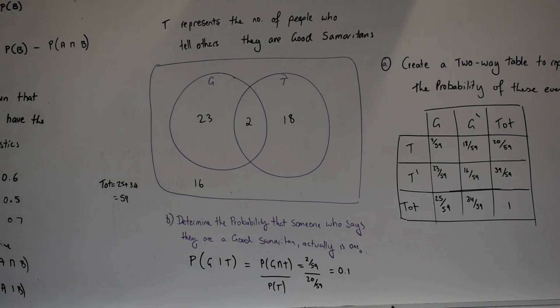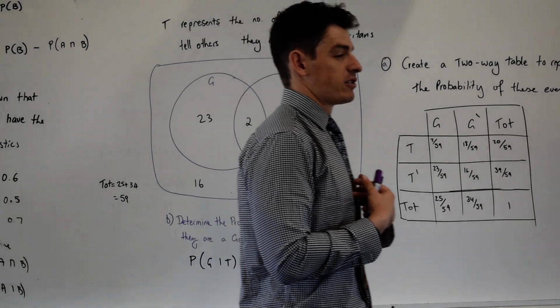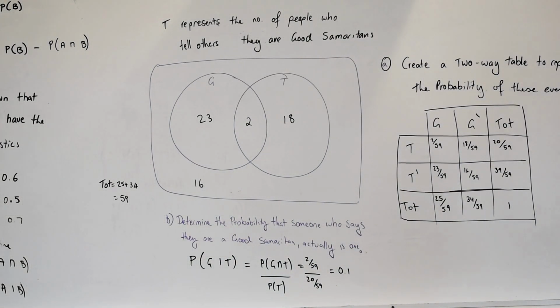So what is that telling us? There is a 10% chance that the person telling us they're a Good Samaritan actually is, which means there is a 90% chance that the person telling us they're a Good Samaritan is not.